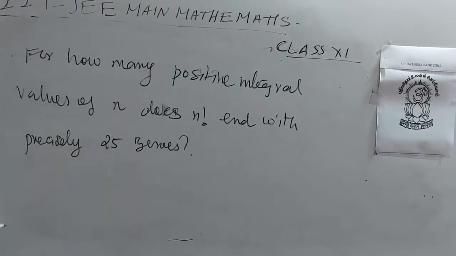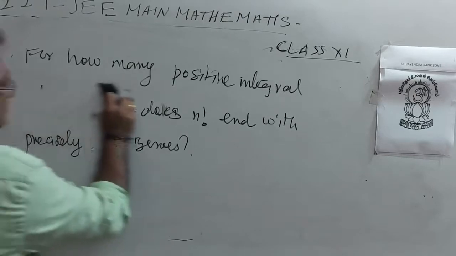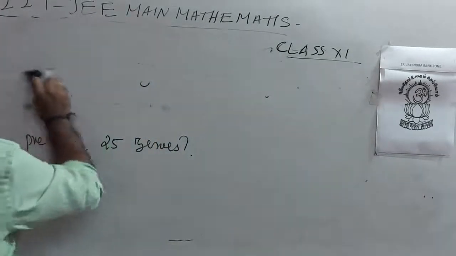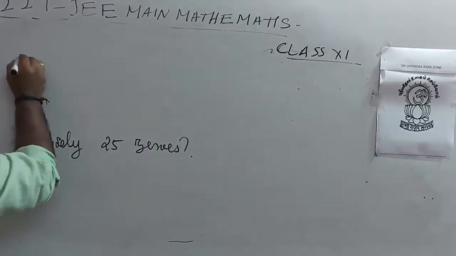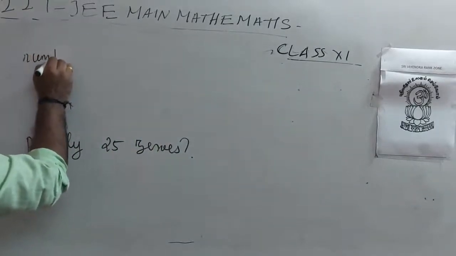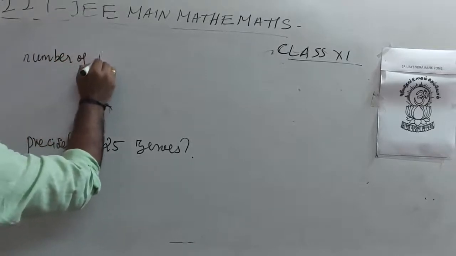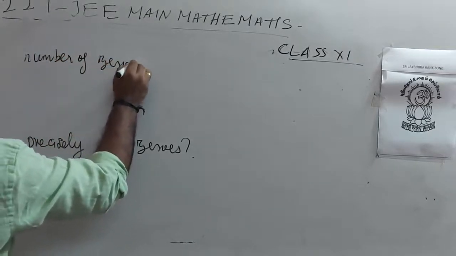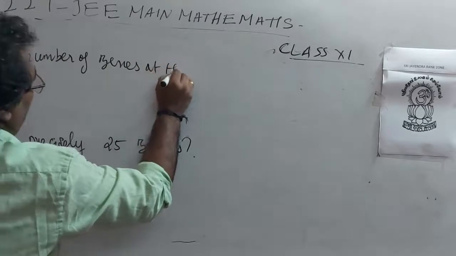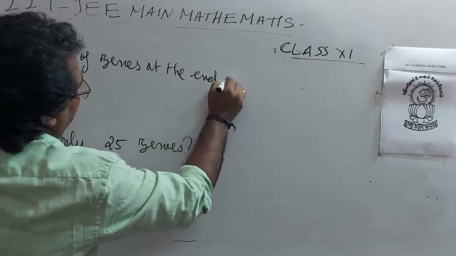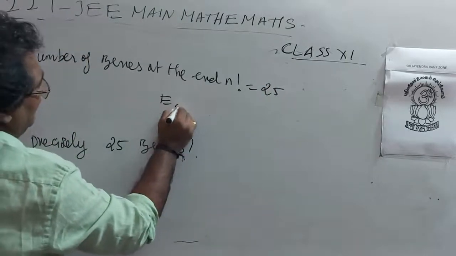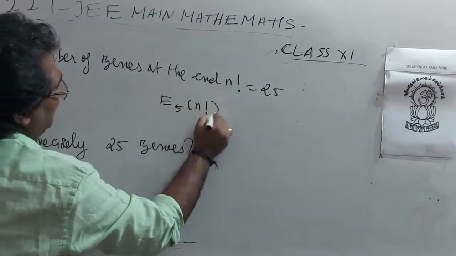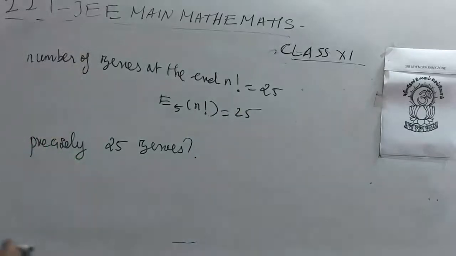So the number of zeros is given. The number of zeros at the end of n factorial equals 25. That means the exponent of 5 in n factorial equals 25.